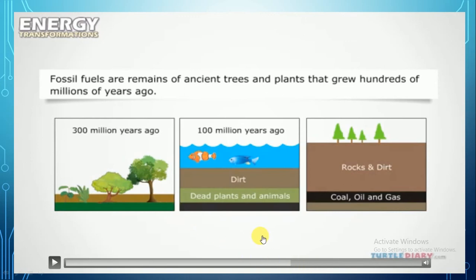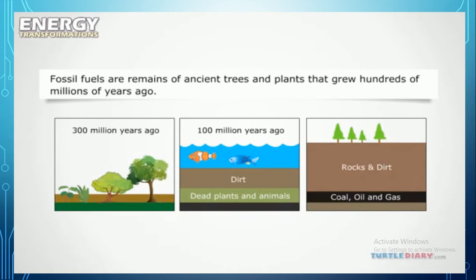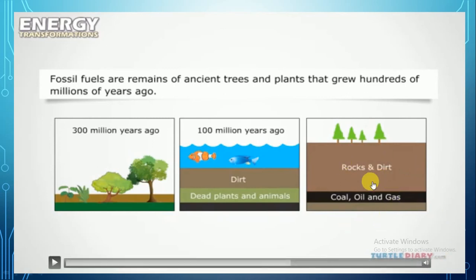We said before that chemical energy is stored inside food, fuel, and batteries. So where did this fuel come from? Okay, let's read to know. Fossil fuels are remains of ancient trees and plants that grew hundreds of millions of years ago.